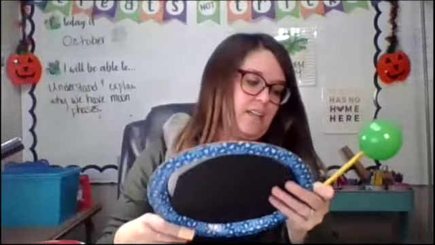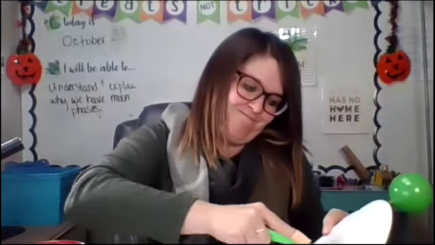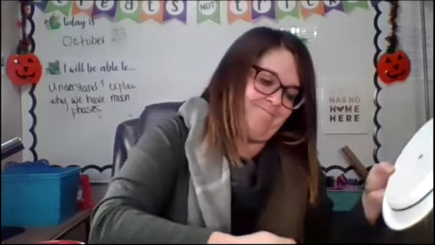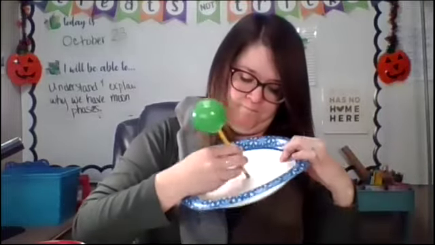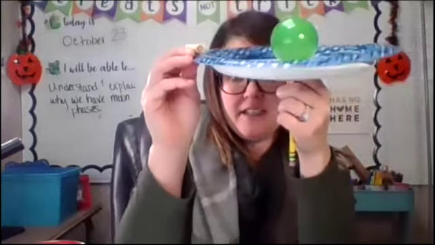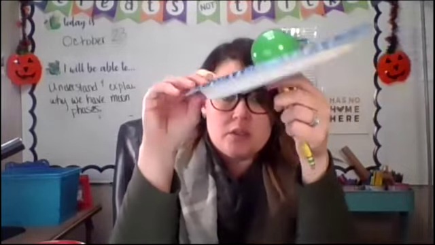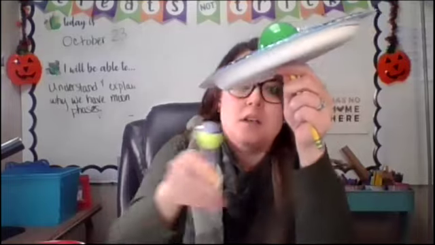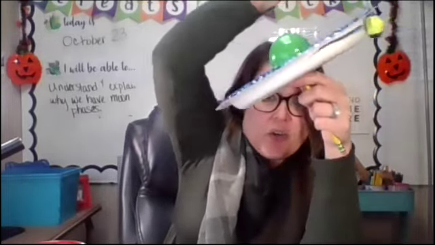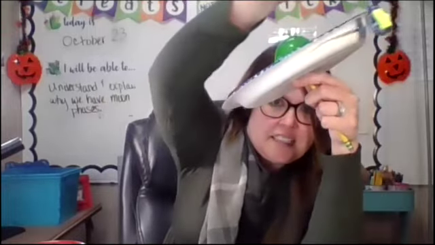So let's see, this is going to be kind of hard to demonstrate. Hold on a second. Let me try this. All right, so let's pretend that the paper plate is the orbit of the moon. And I just want you to pretend like the moon is going around like this.